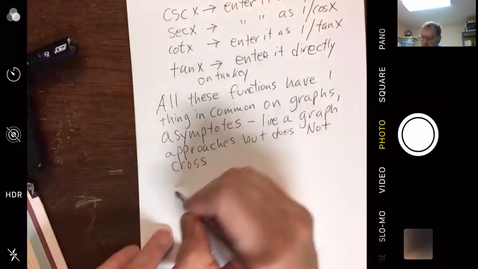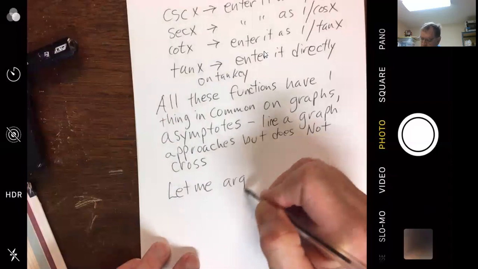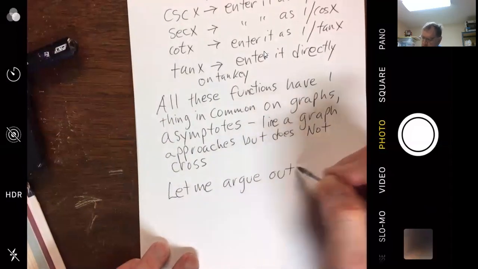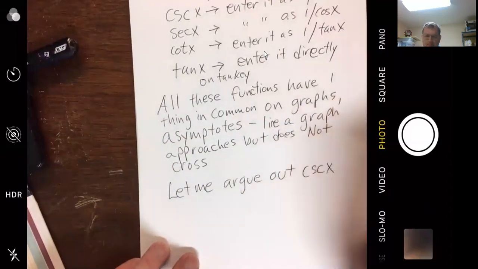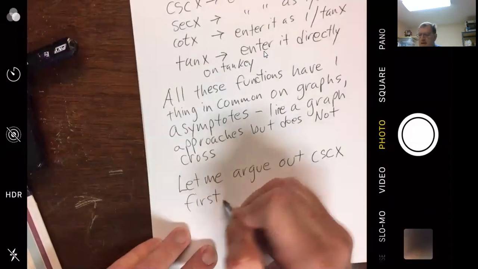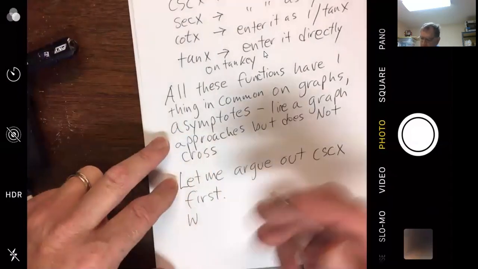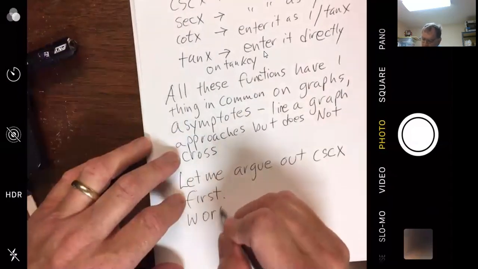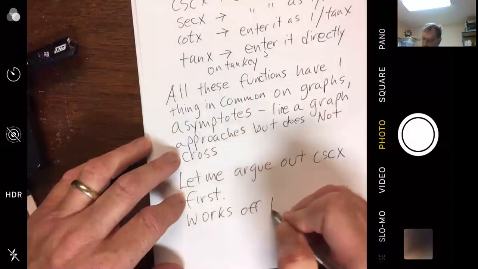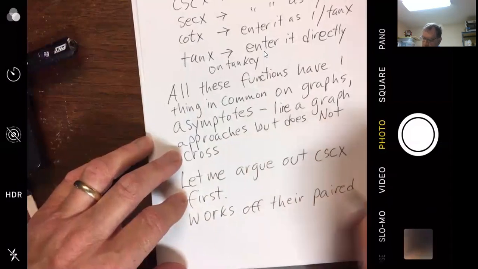Okay, let me argue out cosecant first. It works off their paired inverse.